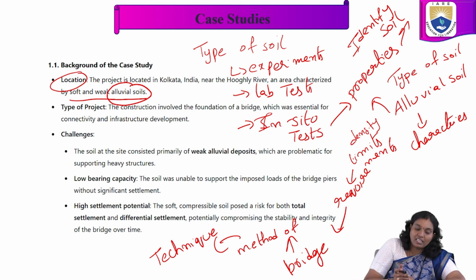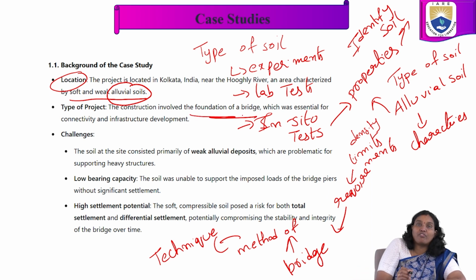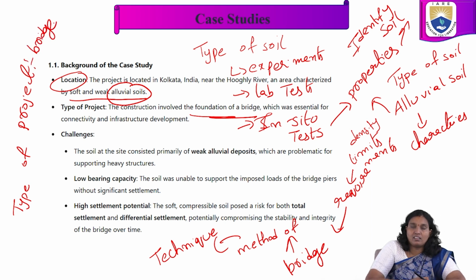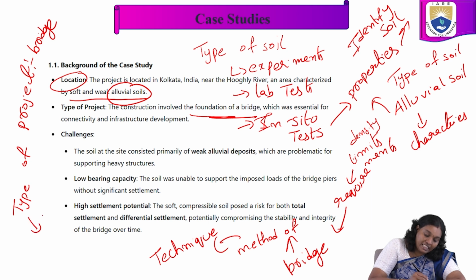So here the construction involved is the foundation of a bridge. The type of project is a bridge, and we ask what the various elements involved are in relation to this soil.